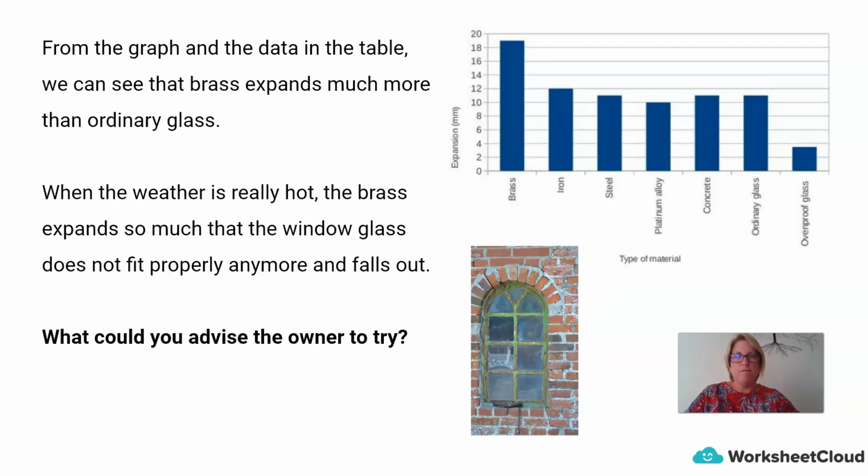So from the graph and the data in the table, we can see that brass expands much more than ordinary glass. Here is brass and here is ordinary glass. Look at the difference. So when the weather is really hot, the brass expands so much that the window glass doesn't fit properly anymore and is going to fall out. So what could you advise the owner to try?